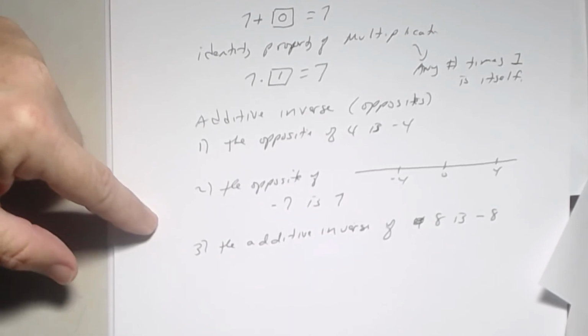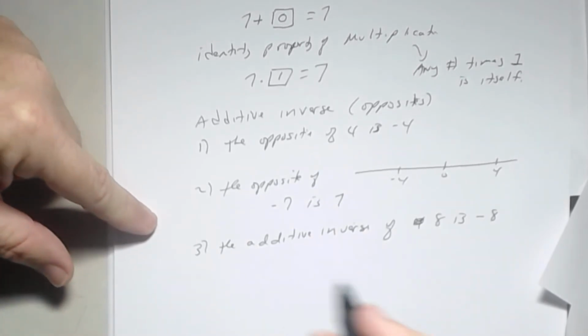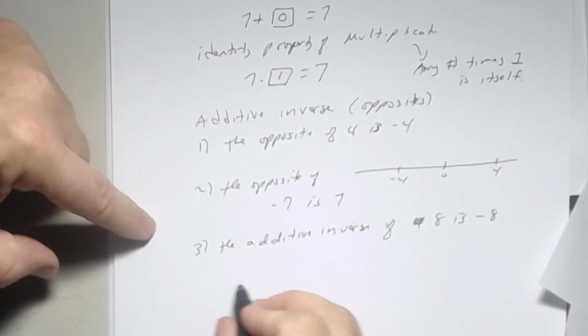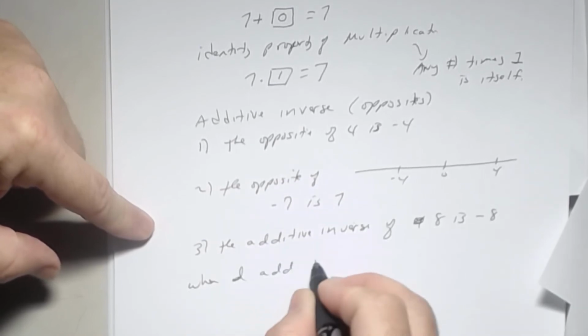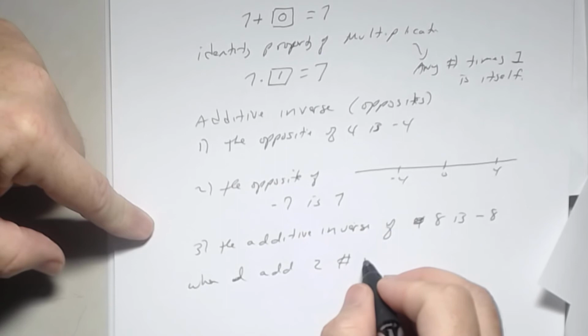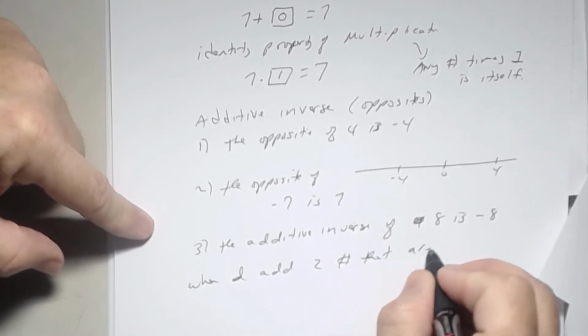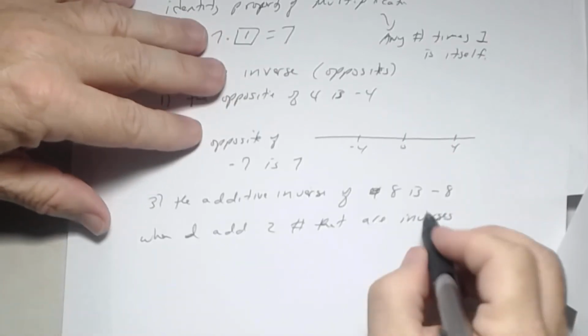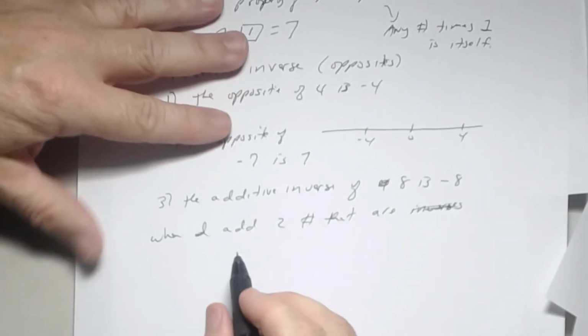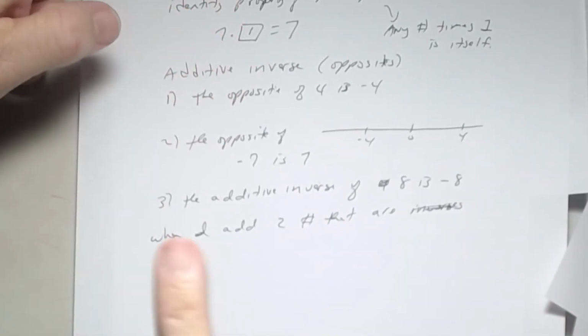Now here's why they use the word additive though. Additive means to do what? Add them up. I need to be careful because there's also the multiplicative inverse.